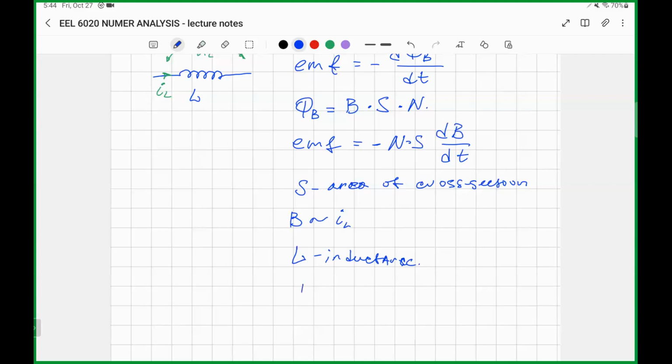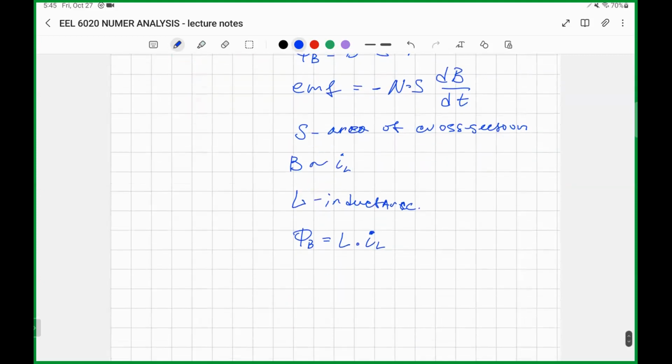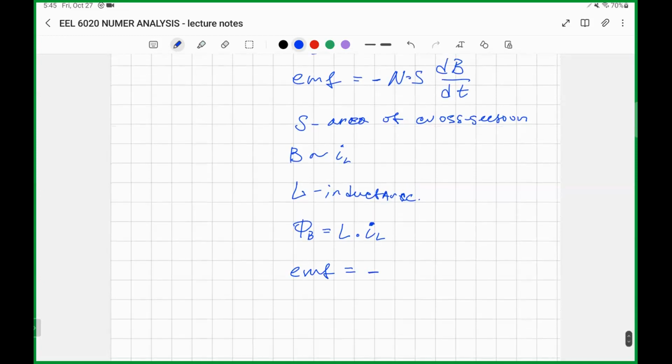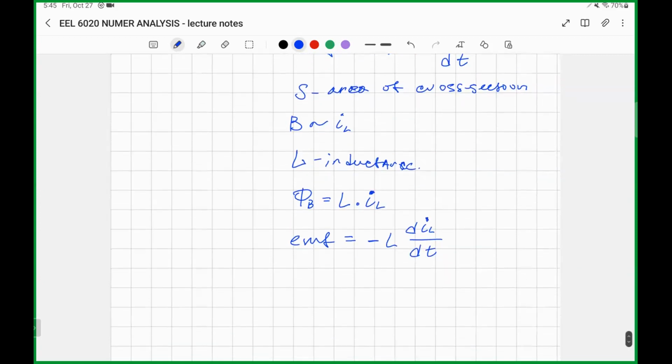Okay, so then the flux of this magnetic field will be given by the product of inductance and the current in the coil. Hence, the electromotive force in such a coil will be minus L di over dt.